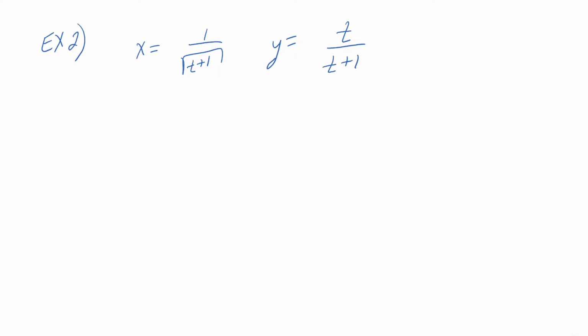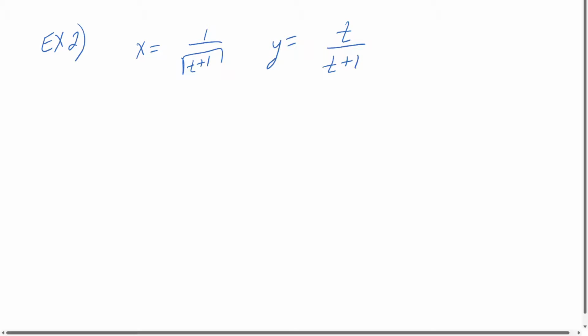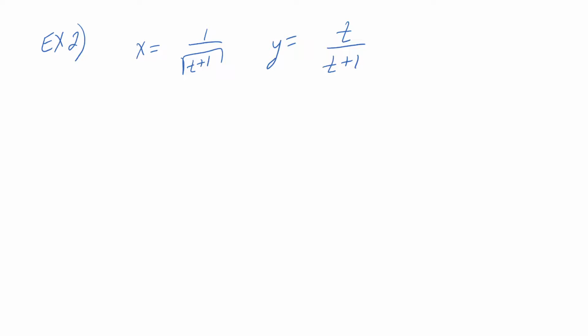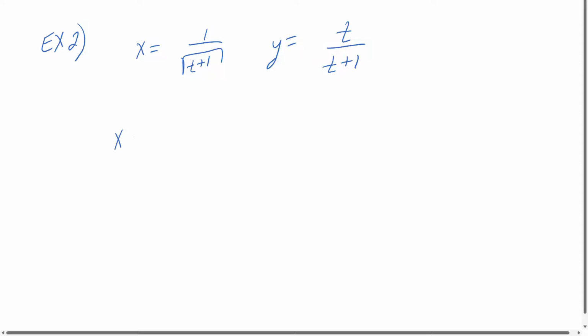We will eliminate the parameter, and then we might also have to adjust the domain based on what result we get. So let's say we take the x equation and decide to solve this one for t.